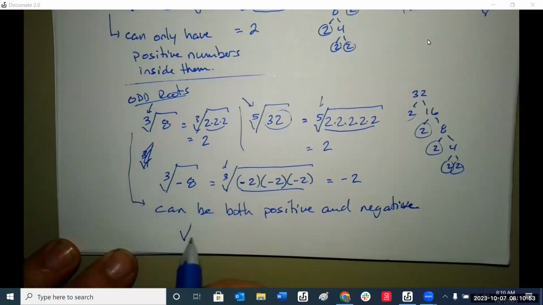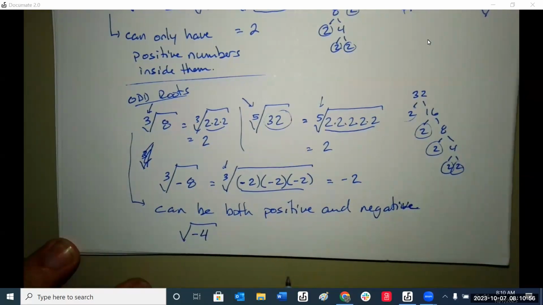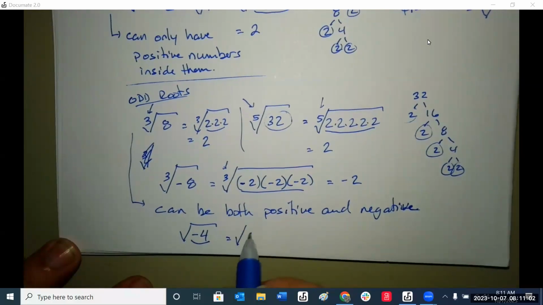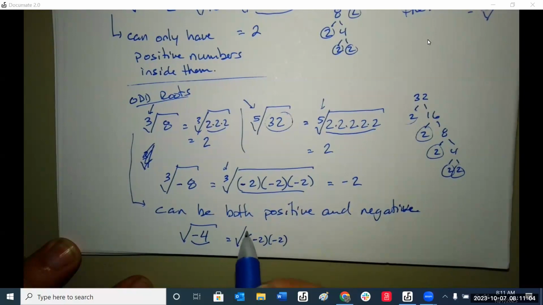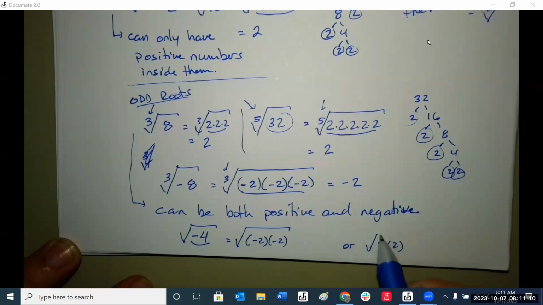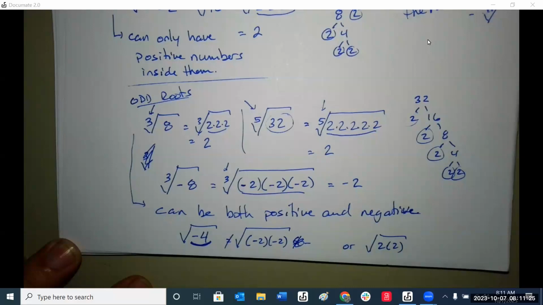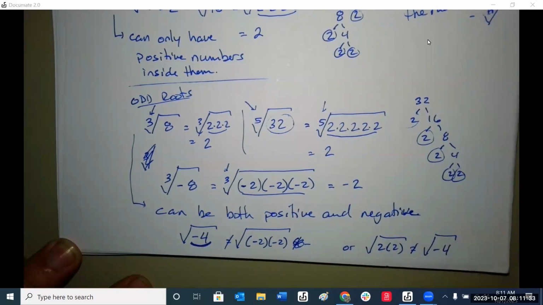Because we can't take the square root of negative 4. Because no two numbers, exactly the same numbers, or 2 times 2, this does not equal negative 4. That does not equal. Neither does this. 2 times 2 does not equal negative 4.